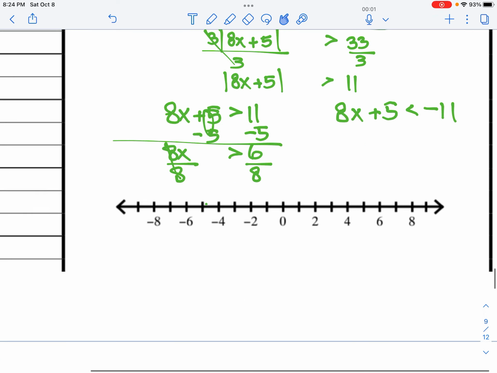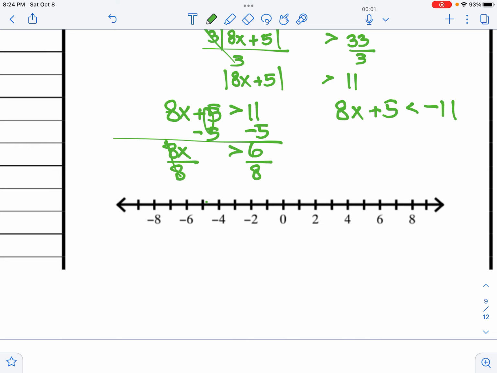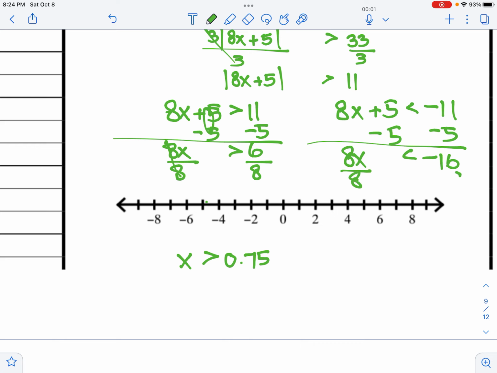I'm going to go underneath my number line here because I'm running out of room. X is greater than, this will be 0.75. And then here, okay, we're going to get X is less than, notice I don't have to flip anything around here, negative 2.